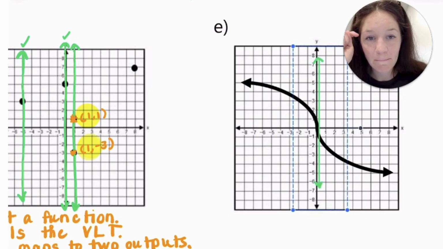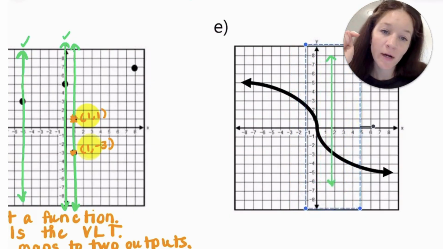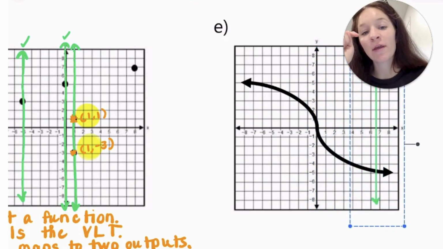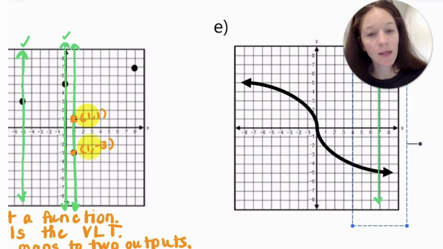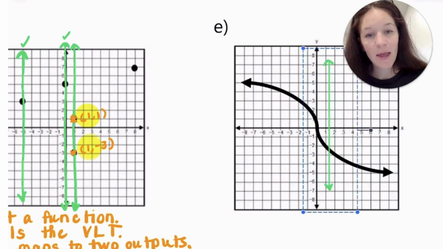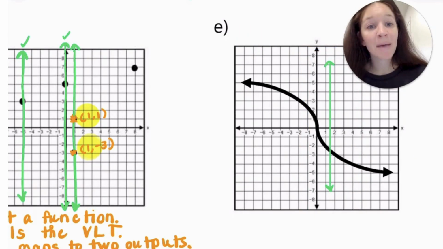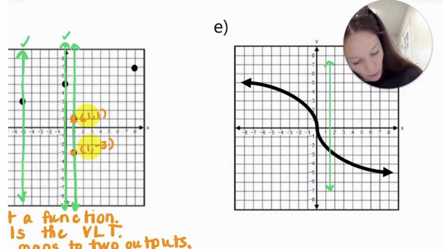No matter where you draw that vertical line on that graph, it's only ever intersecting your relation one time. And because of that, it passes the vertical line test, so it is a function.